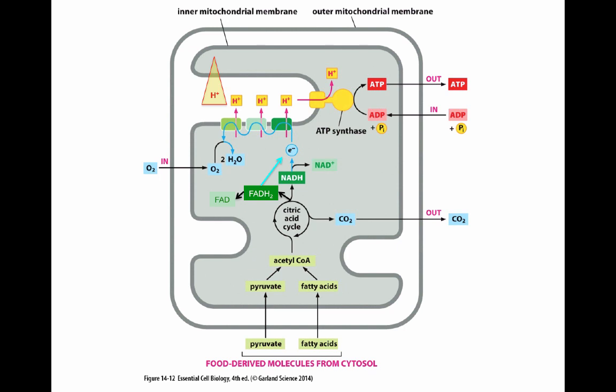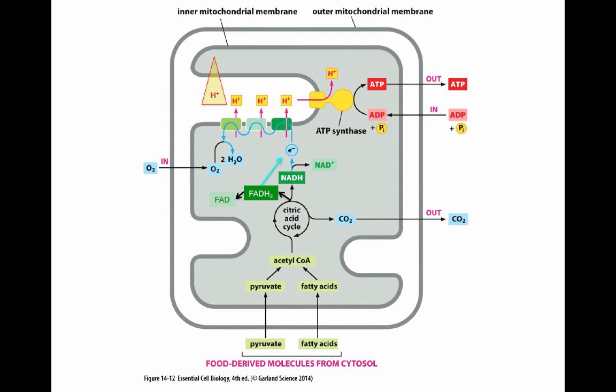Now, when we look at the processes happening in mitochondria, we can divide them according to their stage. As we discussed earlier, pyruvate generated from glycolysis or fatty acids transported across the mitochondria are eventually going to be converted into acetyl-CoA. Now, acetyl-CoA goes into the citric acid cycle, where it will be completely oxidized into carbon dioxide, which will then diffuse out of the cell, but you will generate NADH and FADH2.